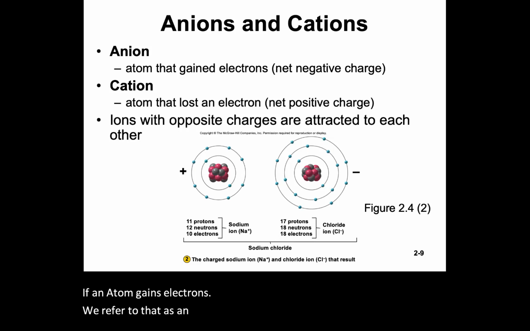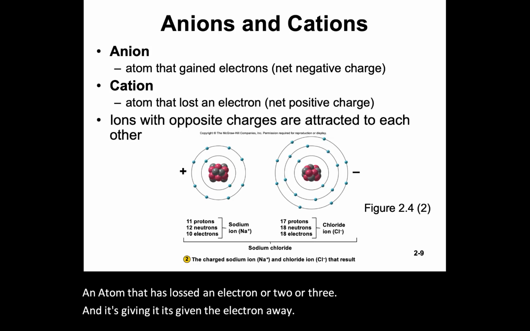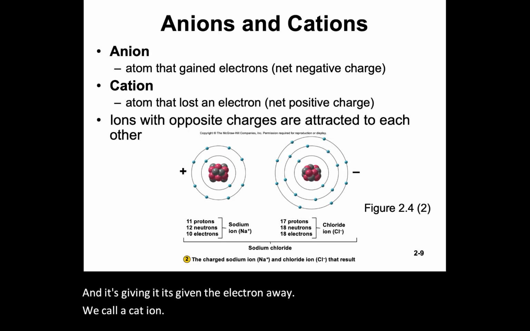So an atom that has gained electrons is what we define as an anion. An atom that has lost an electron or 2 or 3, right, it's given the electron away, we call it a cation. And we say that that atom now has a net positive charge.